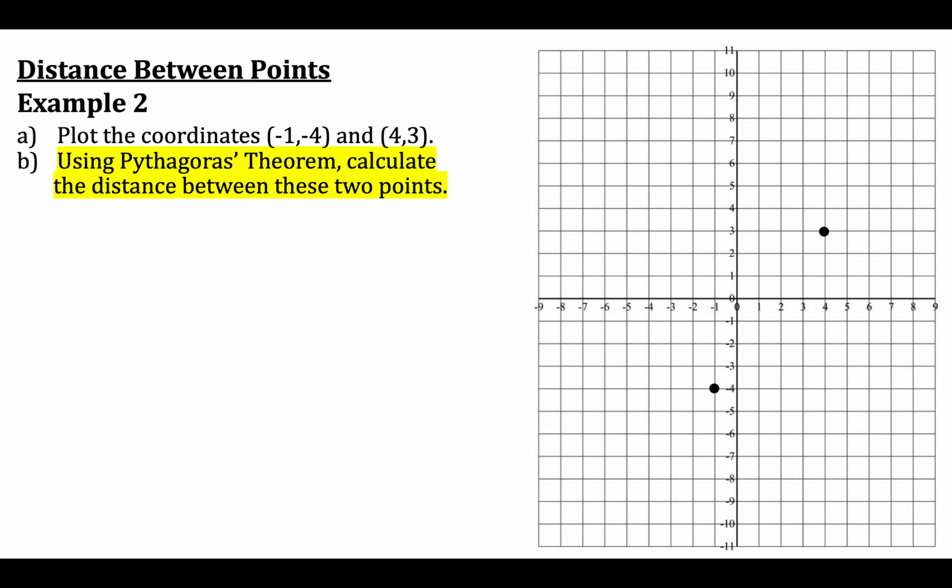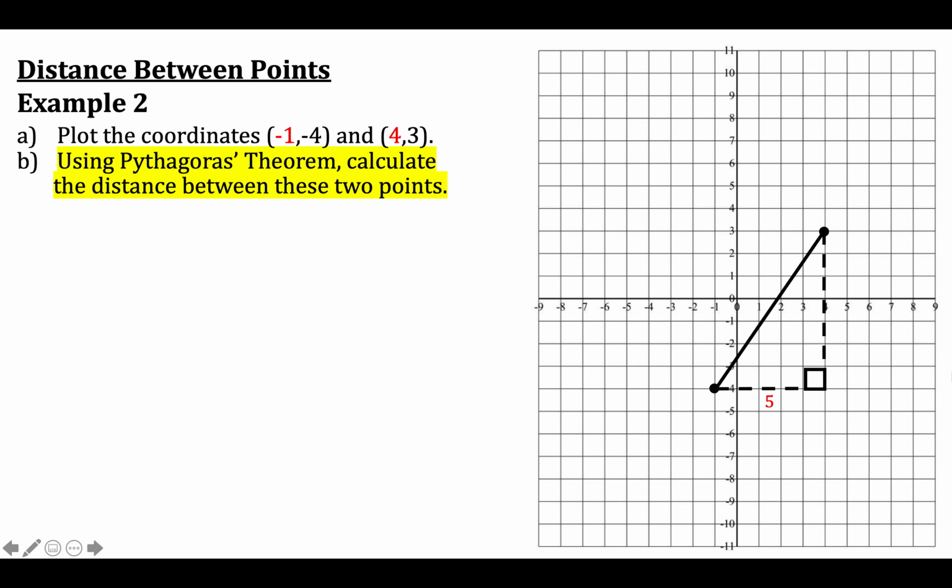So we know from before that the distance can be represented by a line joining these 2 points. We know that we can create a right angle triangle using these points and the existing line. So the other two sides might look something like this. And we can then see that our horizontal line here has length 5, but we can also see that from our x coordinates, the difference between -1 and 4 is 5.